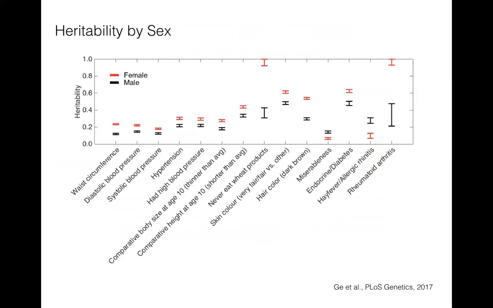And we found some of these traits have significantly different heritability in males and females. For example, quantitative blood pressure measurements and self-reported high blood pressure or the hypertension disease codes, all these traits give consistent results that the heritability of these blood pressure related traits in females is significantly higher than in males.